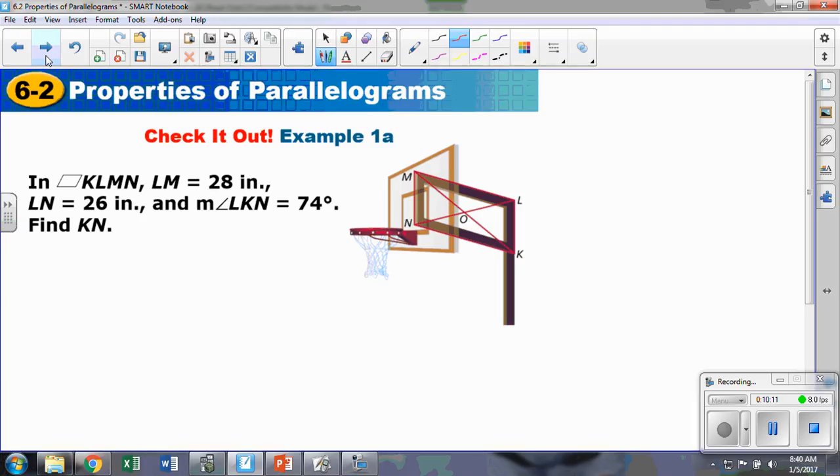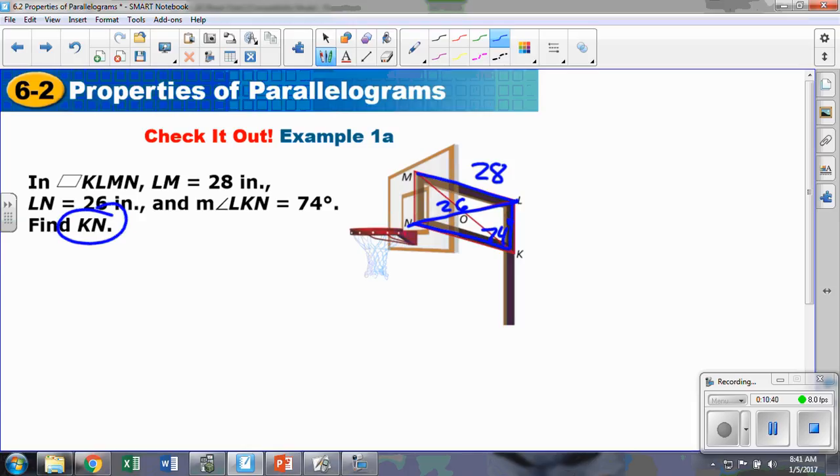What about this problem? What of course are we searching for? LM is 28 inches. LN is 26 inches. The measure of angle LKN is 74 degrees.